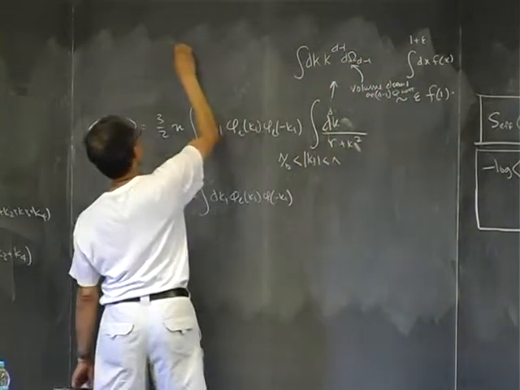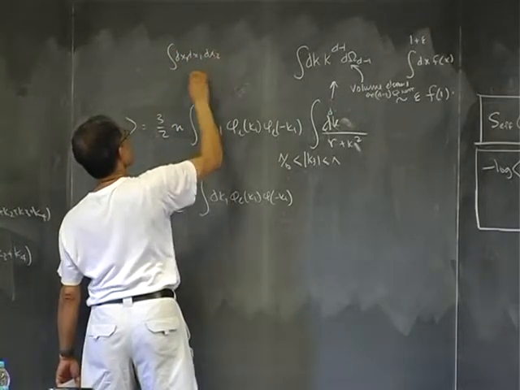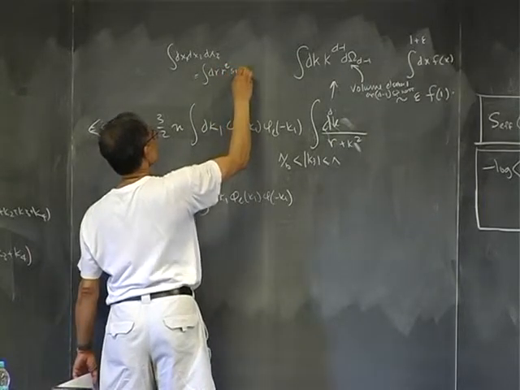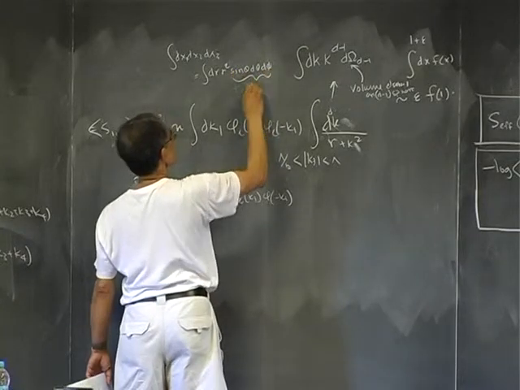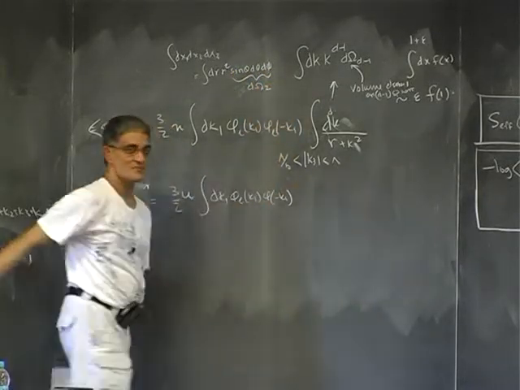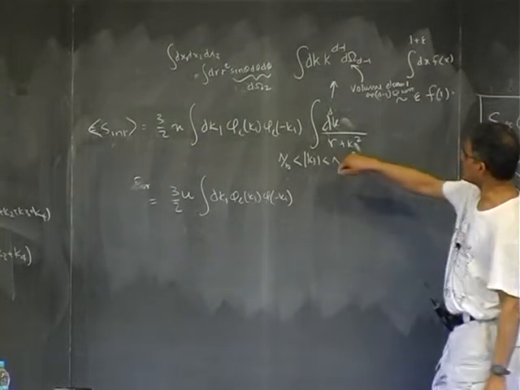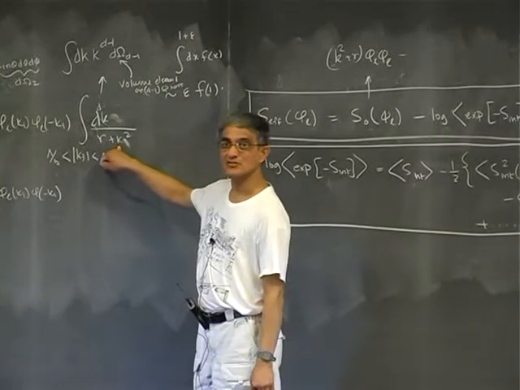This is the same thing as writing dx1, dx2, dx3 as dr r squared sine theta d theta d phi. This is what we call d omega 2. Okay, same kind of thing. But this thing is just k squared. There's a magnitude of k squared. Nothing depends on the angle.